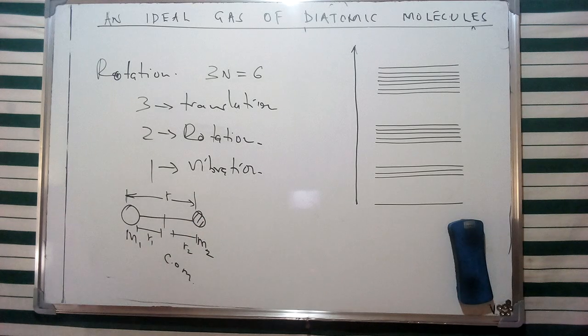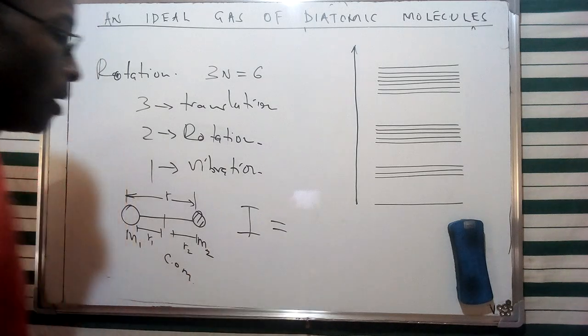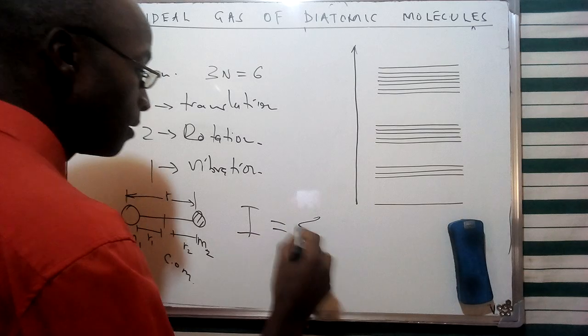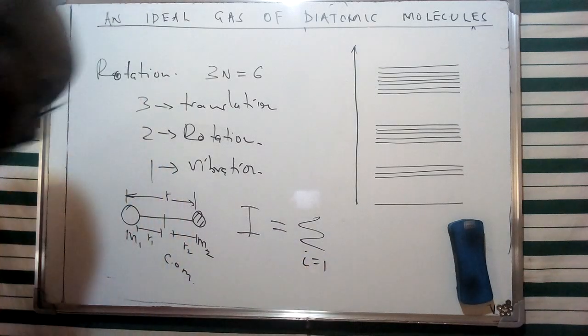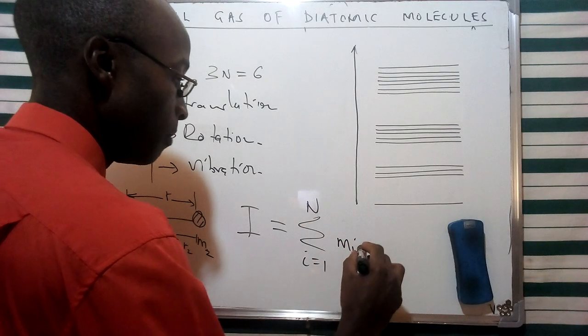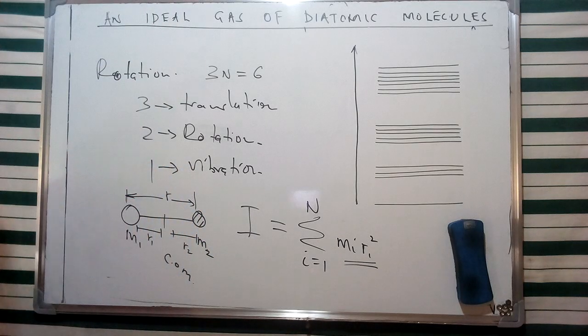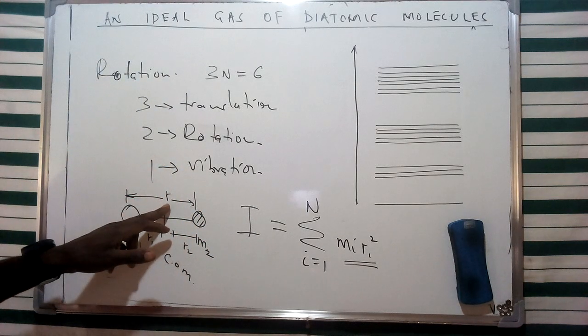And we came up with a specific representation for the moment of inertia as a summation, I equals the sum over i of the masses times the square of the distance, whereby we said that this R is going to represent the bond length.